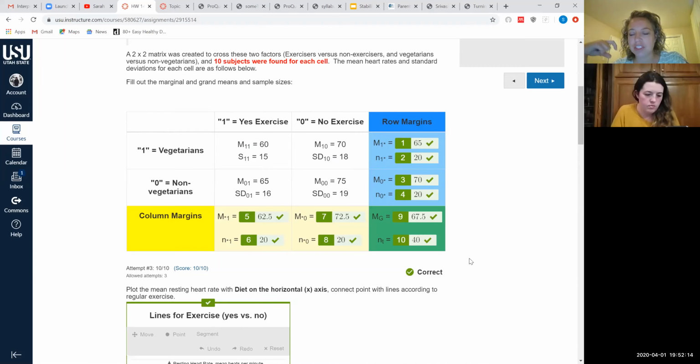Subtract the grand average of 67.5 and square it. 70 minus 67.5, yep. That also is 6.25.